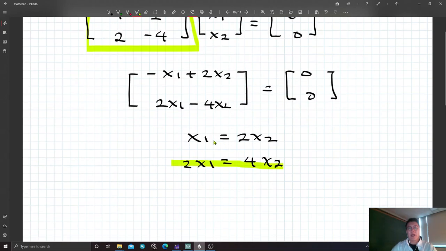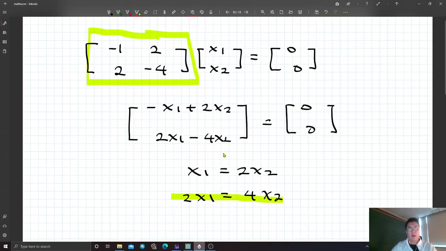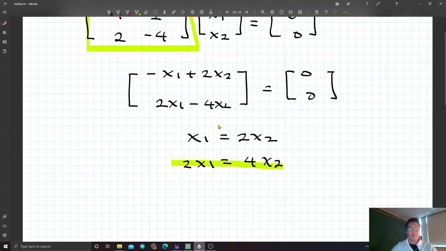All right, so any pair of x1 and x2 satisfying this relation, x1 equals 2 times x2, can be put as a solution to this homogeneous equation. For example, if x1 is 1, then the corresponding x2 is 1/2.